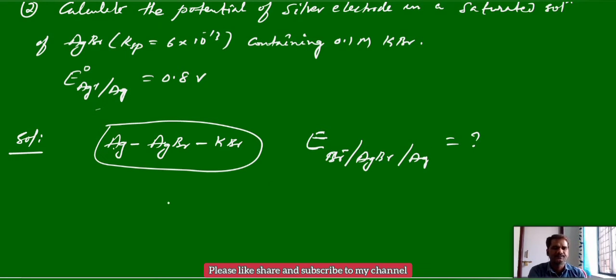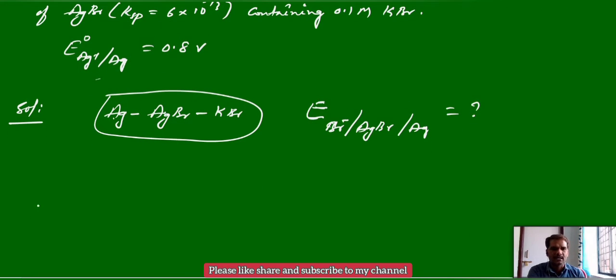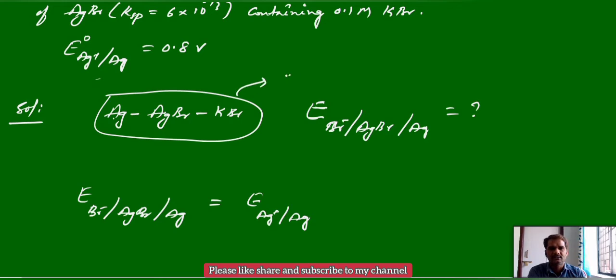And we know that according to previous, the metal insoluble salt anion electrode potential, Br minus, AgBr and Ag, is equal to the reduction potential of the silver only. So both are equal. So we can write directly Ag plus.